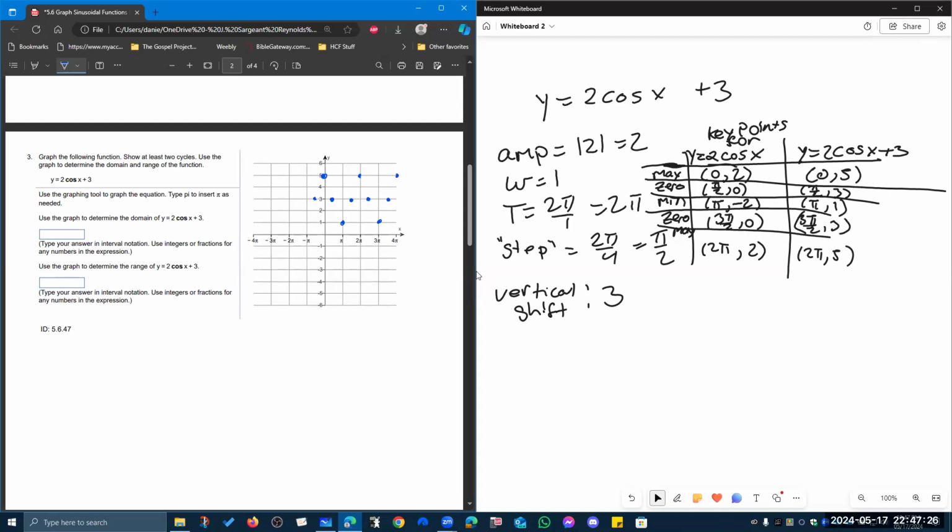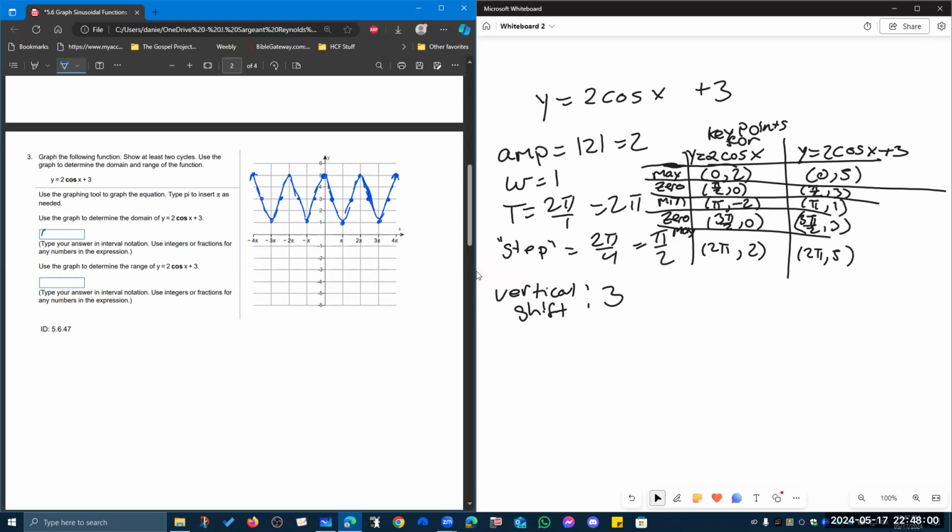Midline, minimum, midline, maximum, midline, minimum, midline, maximum. So we're going to get a graph that looks like this.